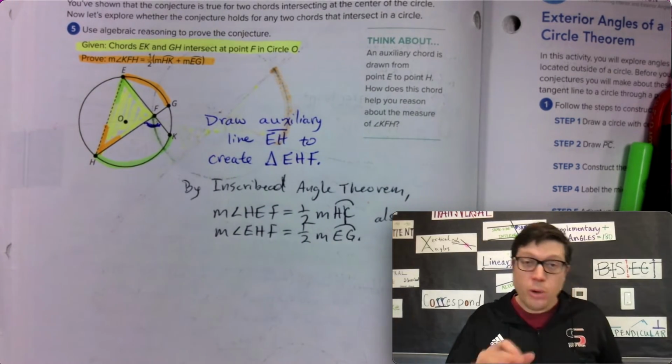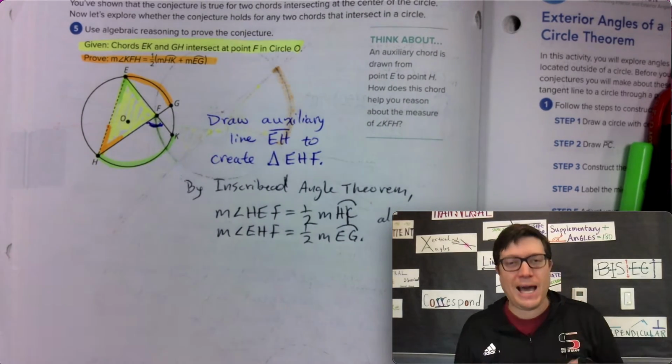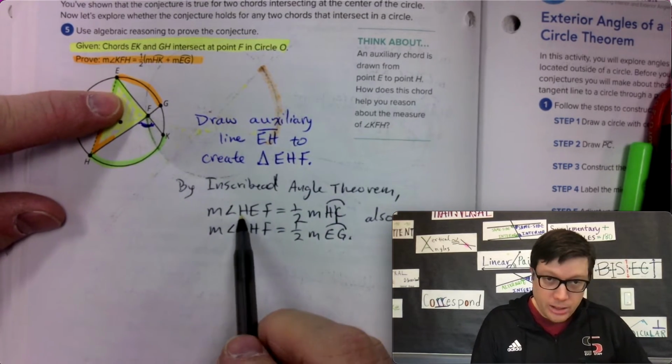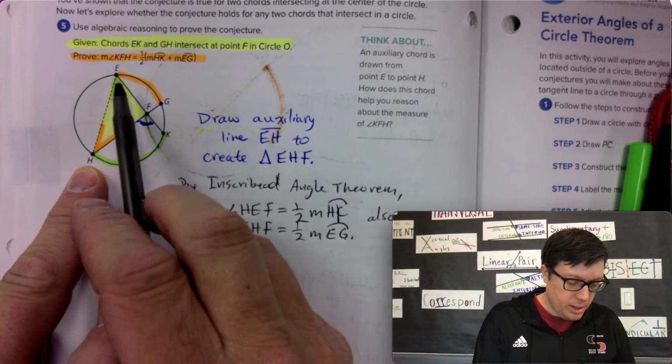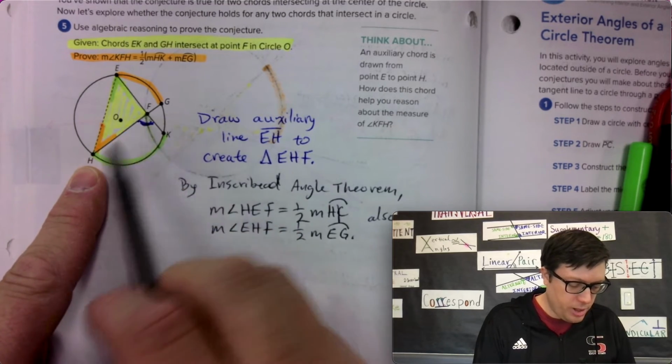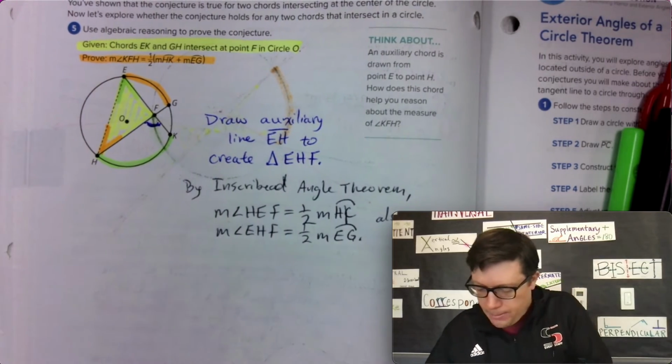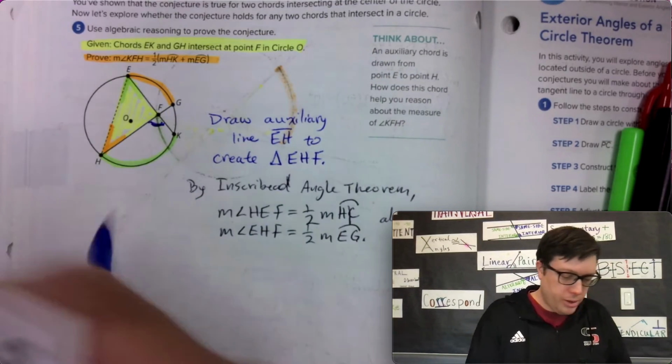Okay? So now what we can do is I'm going to add together HEF, so I'm going to add green with, let's see, EHF with FHE. So that'll bring up the exterior angle theorem.